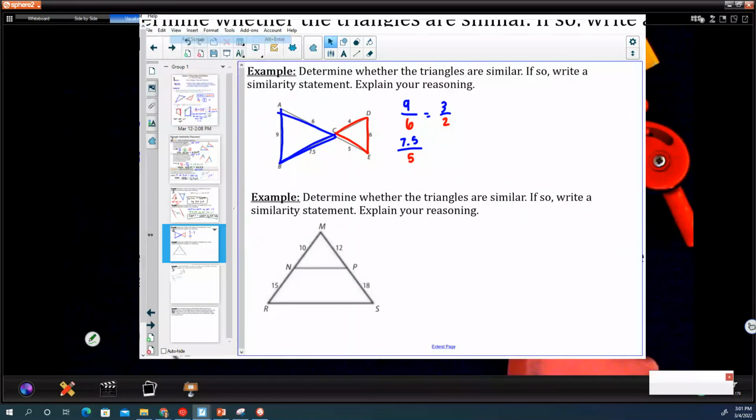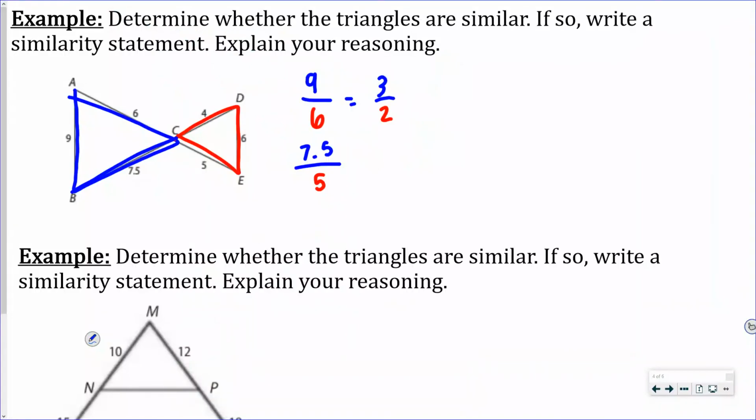Okay, right now we're on a roll. I have 2 of the same scale factors. I do have to check the third in order to use side-side-side. So my shortest side in my large blue triangle is 6, and the shortest side in my small red triangle is 4, and that also reduces to 3/2. Oh shoot.